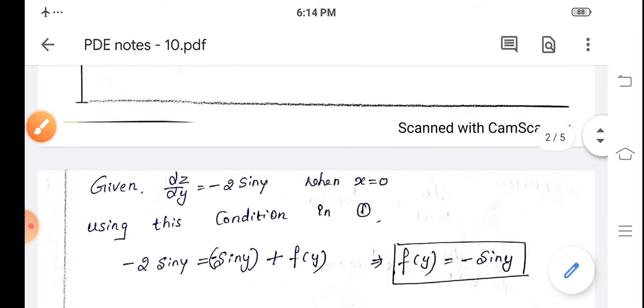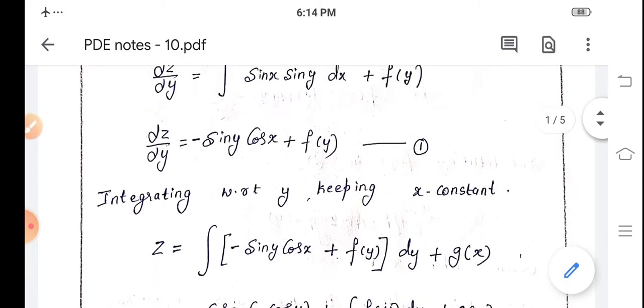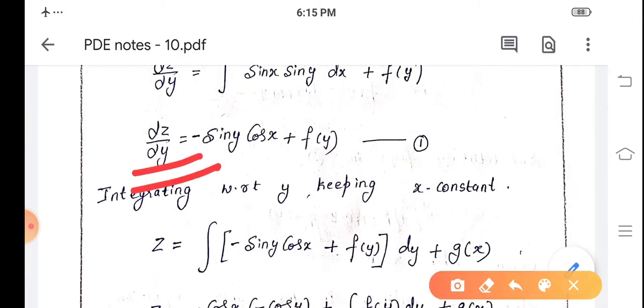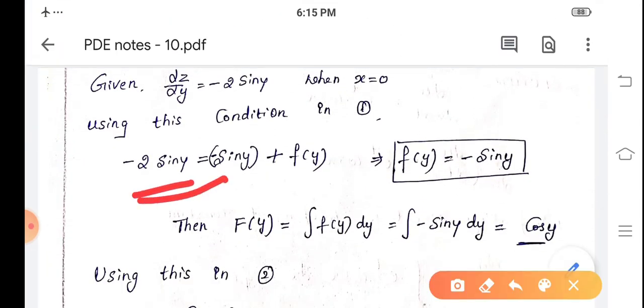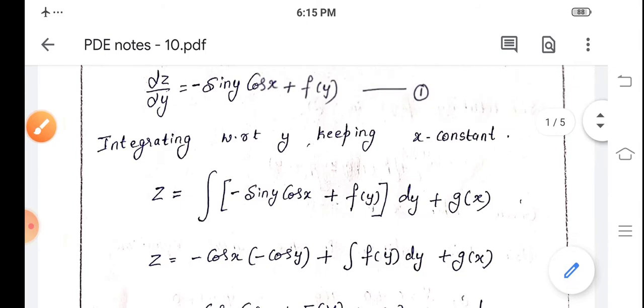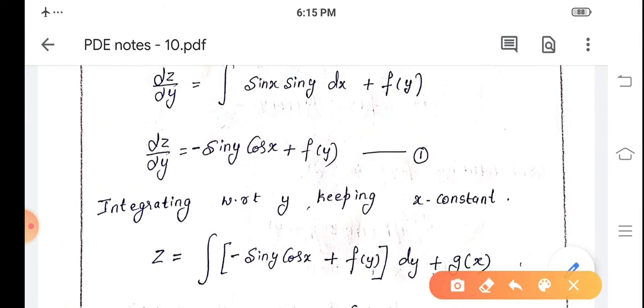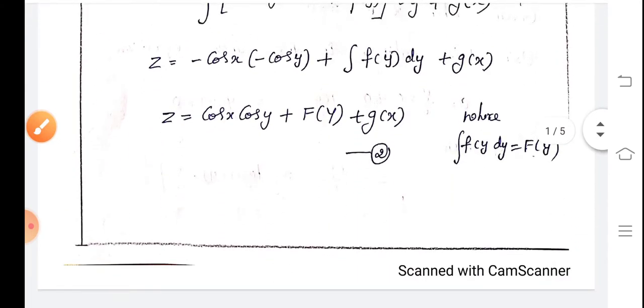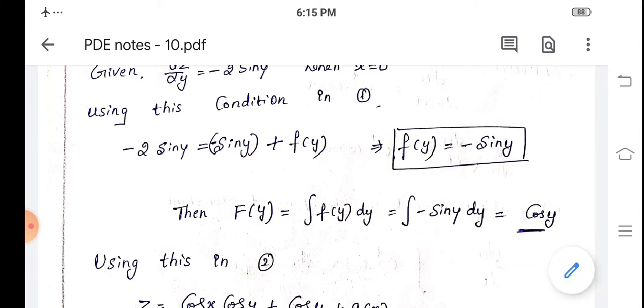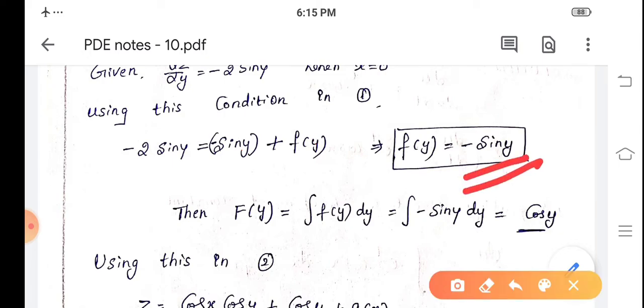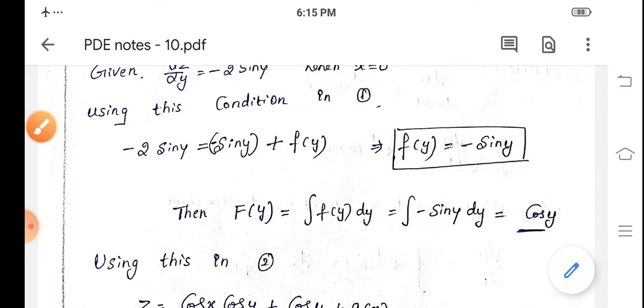So, using this condition in equation 1, ∂z/∂y, that is -2 sin y, equals, in the right hand side we put x = 0. So it is -sin y into cos 0. Cos 0 is 1, so it becomes -sin y + f(y). So we write f(y) = -2 sin y + sin y, that will be equal to -sin y. So f(y) = -sin y.